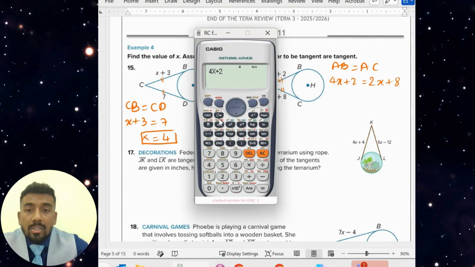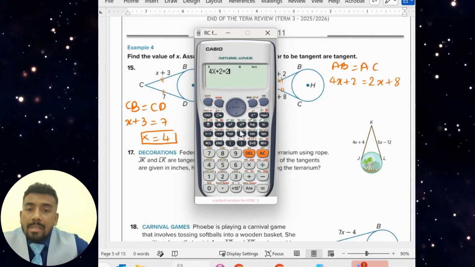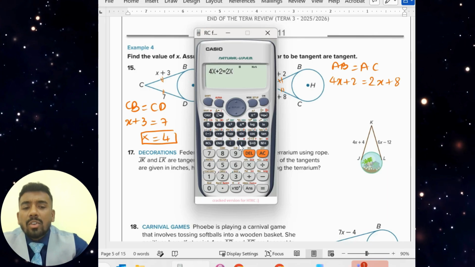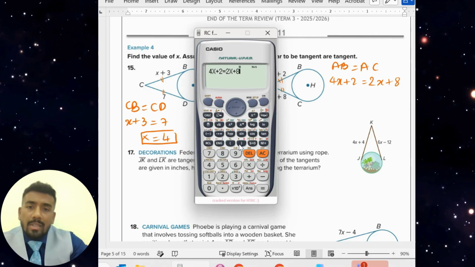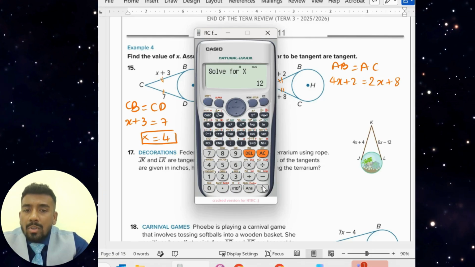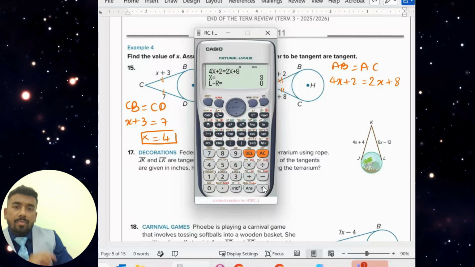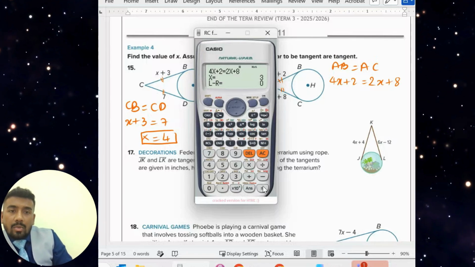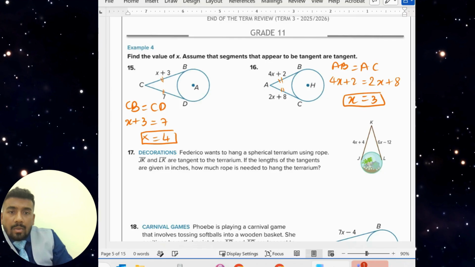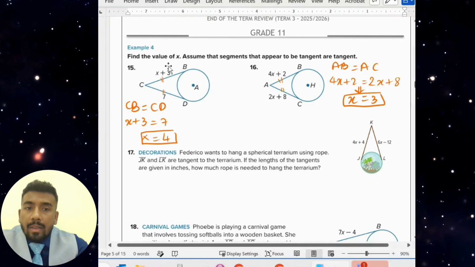The calculator is always very handy. See, in this question, I think you can solve without shift solve also, and that will be faster because it's smaller numbers. As we are solving, shift solve, let's do it. So what is x? 3. Okay, shift solve. So that's how you do it.